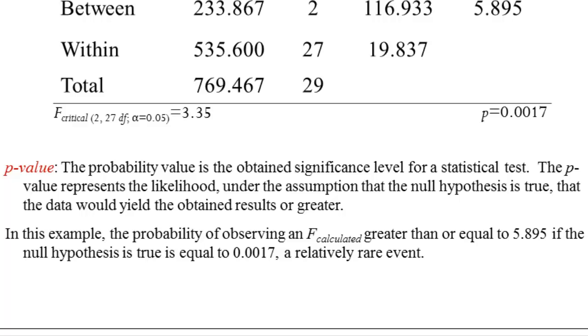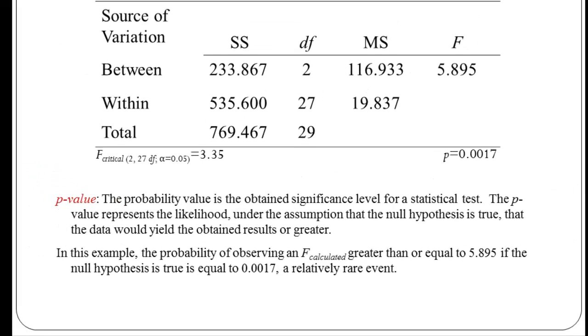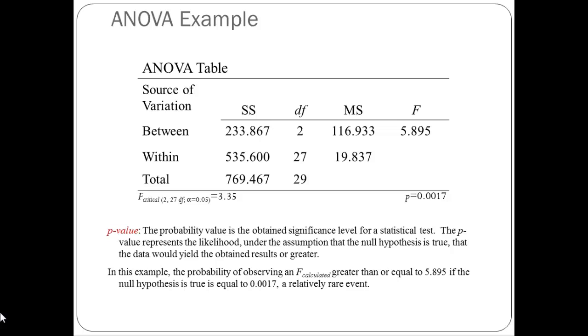And therefore, we could compare the p statistic directly to our alpha value. If our alpha value is greater than p, or p is less than alpha, then we're going to reject the null hypothesis. You should always get a consistent answer here. That is, if you reject the null hypothesis based on your F statistic, you should also reject it based on your p-value.